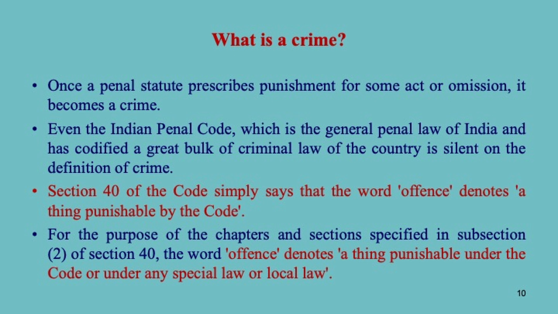Instead, Section 40 of the code simply states that an offence denotes a thing punishable by the code, and for the purpose of chapters and sections specified in subsection 2 of Section 40, the word offence includes a thing punishable under the code or under any special or local law.